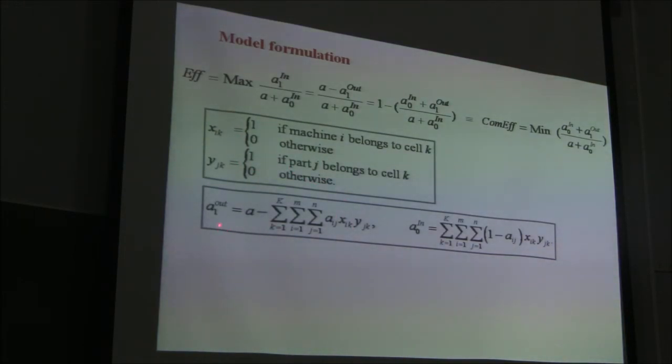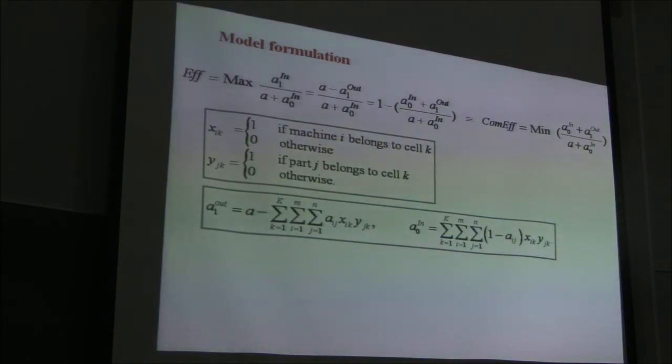For instance, if we take, say, the number of 1 out, this is the same as the number of 1 minus the number of 1 in the block. And the number of 1 in the block is the thing that follows. You sum up over all the blocks, over all i and over all j. And whenever x_i is in the same block as y_j, then the product here is equal to 1, so you add up the 1 within the block.